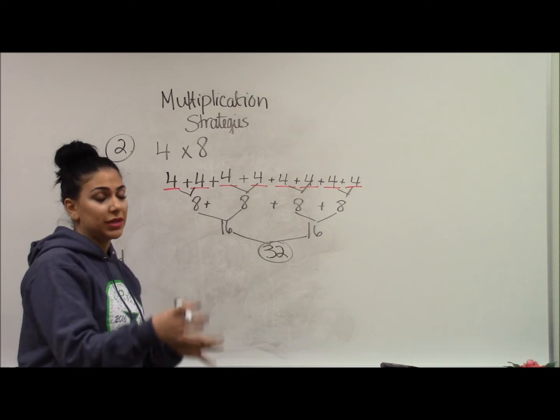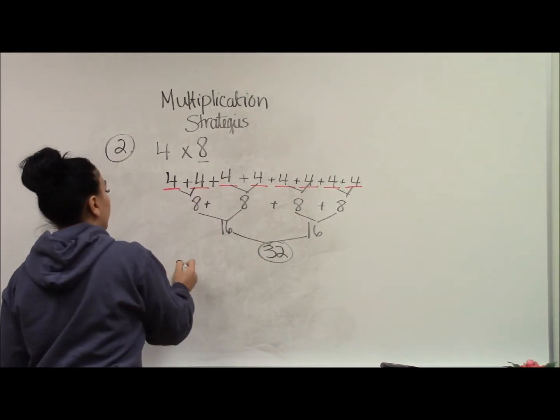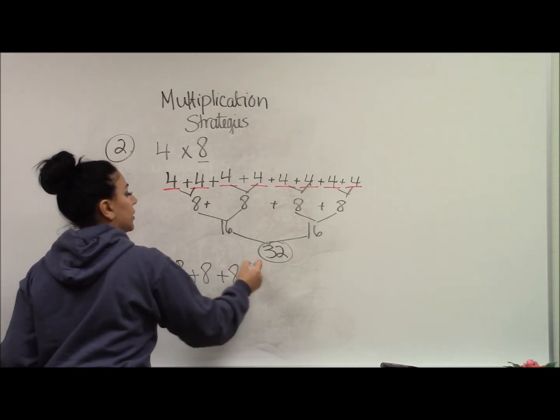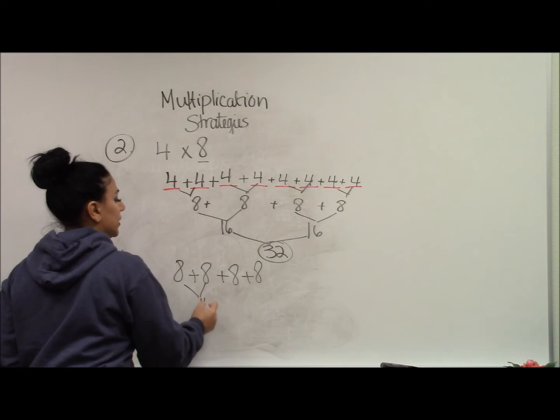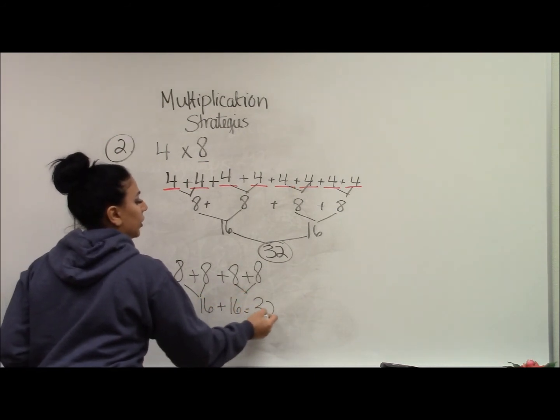That's what 4 times 8 means. And of course you can do it using the 8. So 8 plus 8 plus 8 plus 8. And that's again 16 plus 16 equals 32.